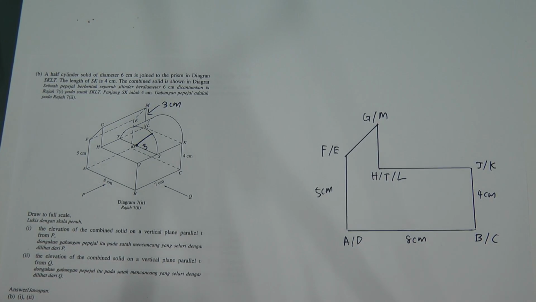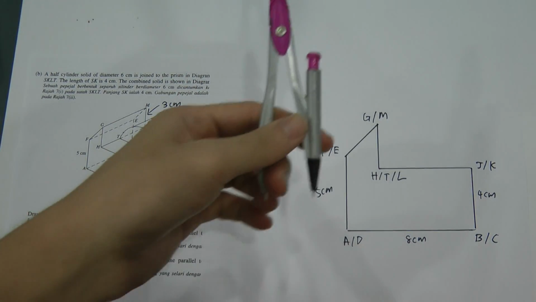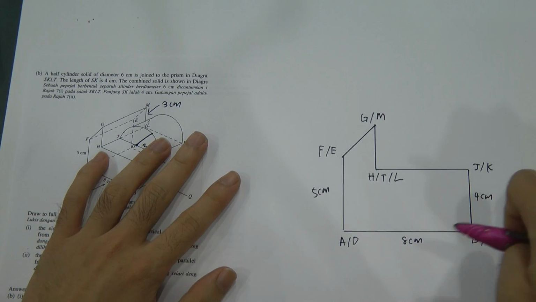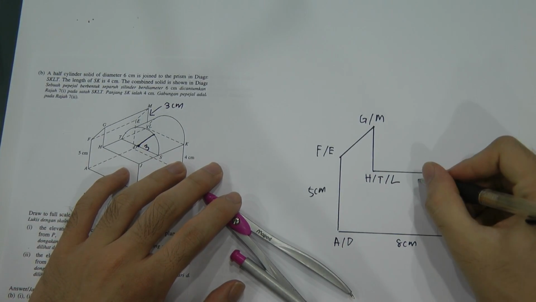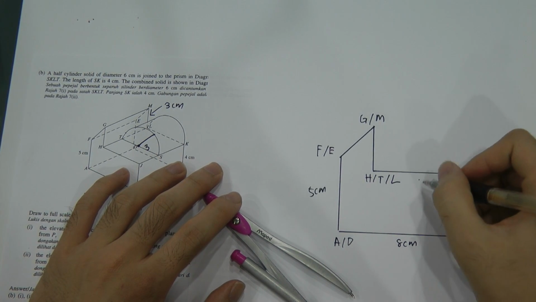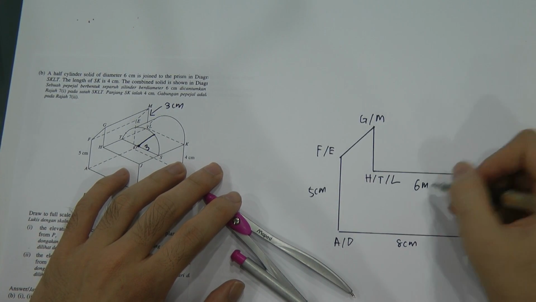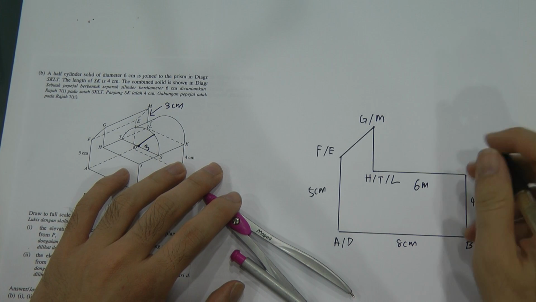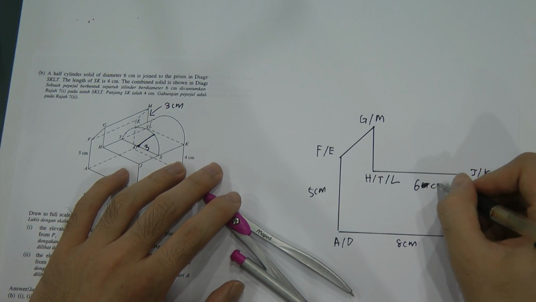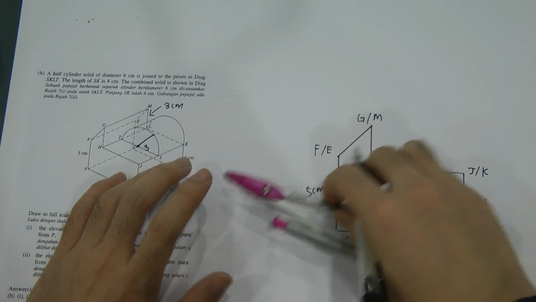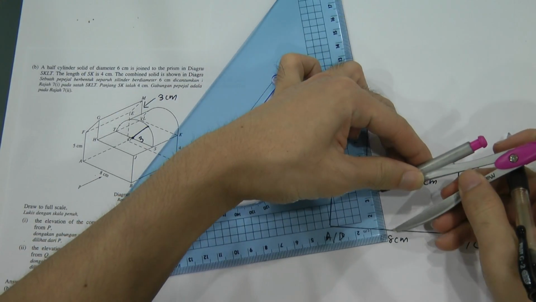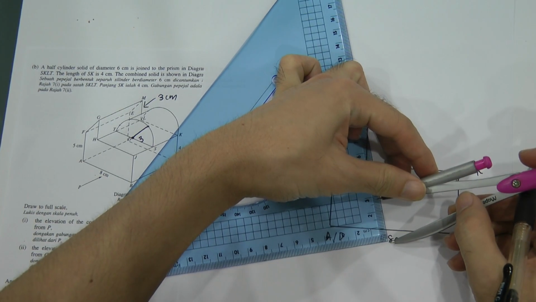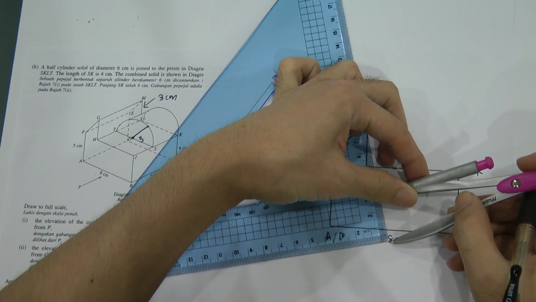I have a very small compass here, but just in case, just to guide you, because here is 6 cm, I know actually my radius will be 3 cm. So I use the compass and measure 3 cm here, from this one to here should be 3 cm.